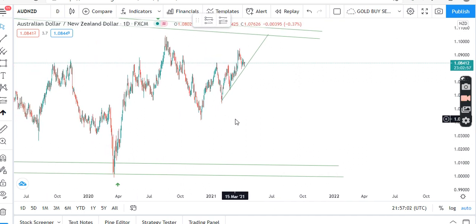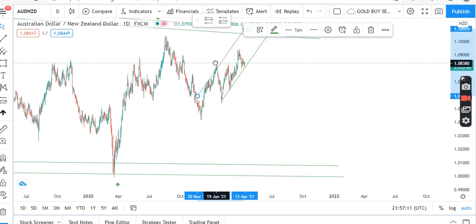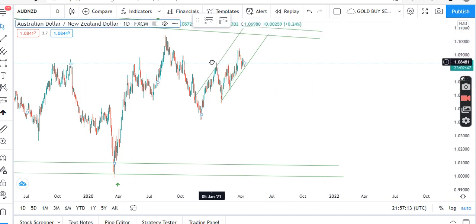Okay, and where is it going? It's going to this, and we form some sort of channel, a corrective channel.